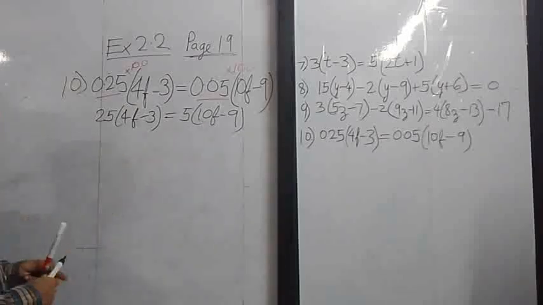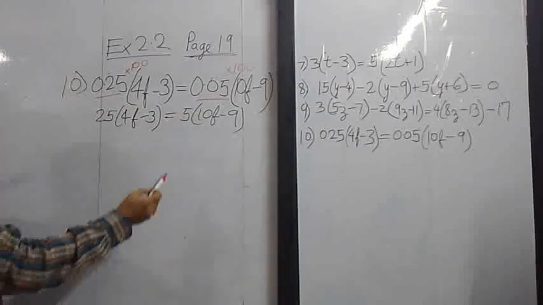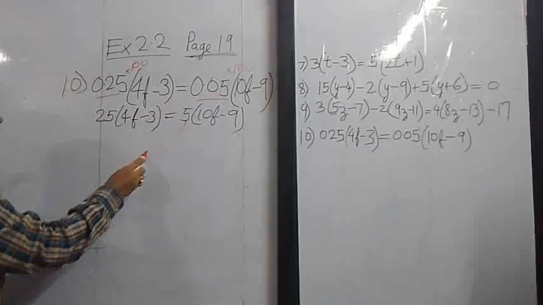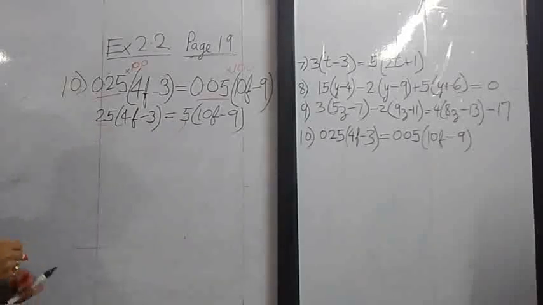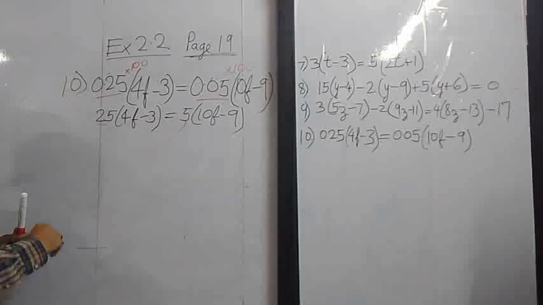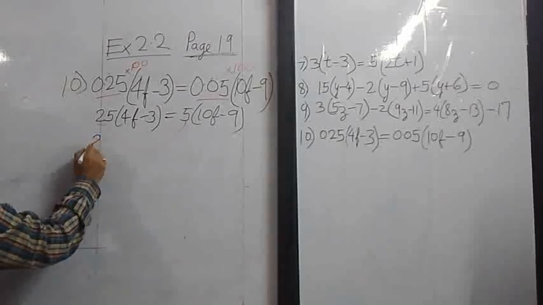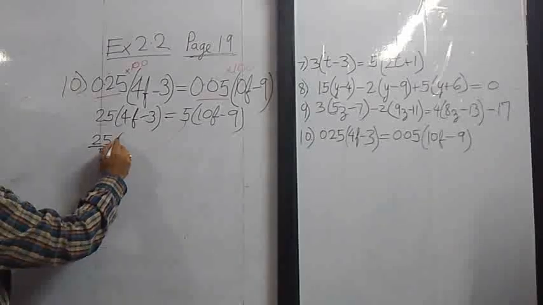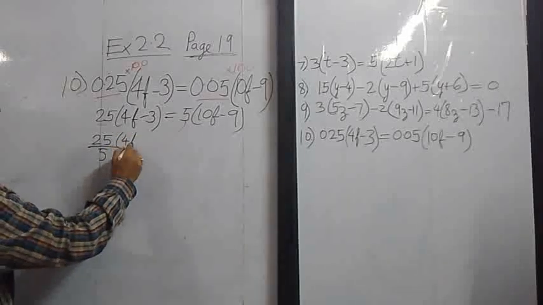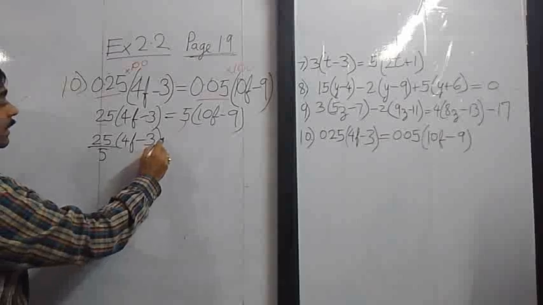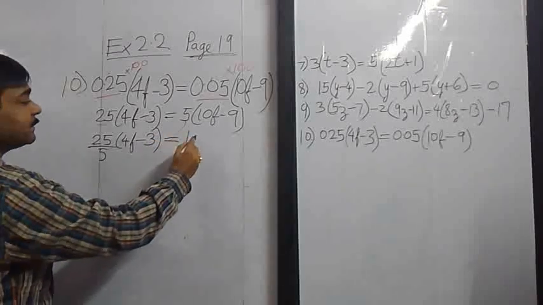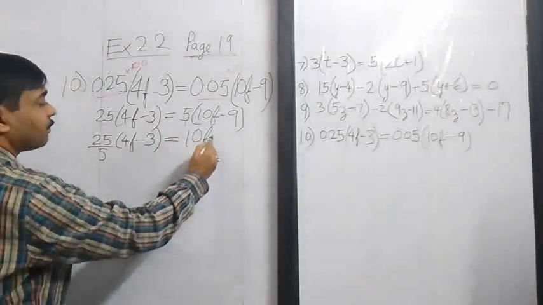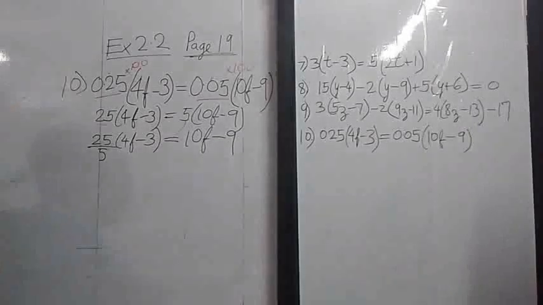Before we proceed by opening the brackets, it would be preferred to bring this 5 over here and it becomes division. This becomes 25 over 5 into (4f minus 3) equals simply 10f minus 9.